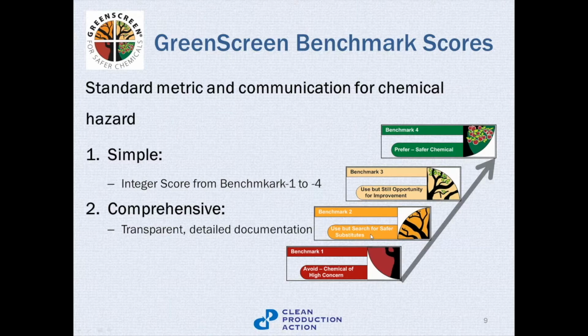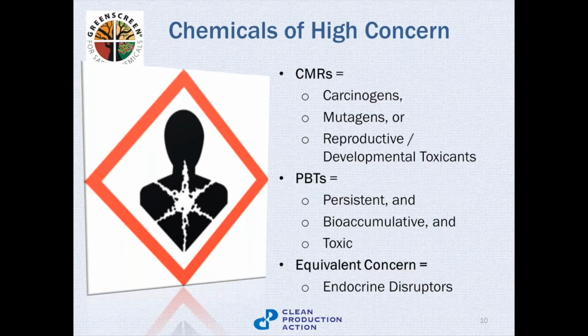So this is the decision logic that weaves all of that complexity, and there's a lot of transparency around how those conclusions are made, but then you get the simple score that can easily be communicated. In terms of how the benchmark criteria were set, and a little bit more about Benchmark 1, again, we looked at global precedents for what regulatory agencies around the world were using to ban or restrict chemicals.